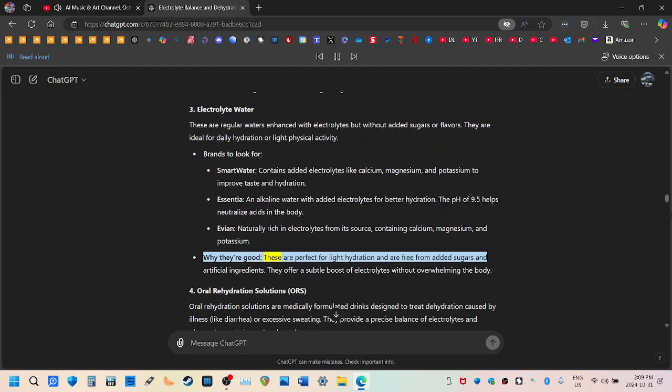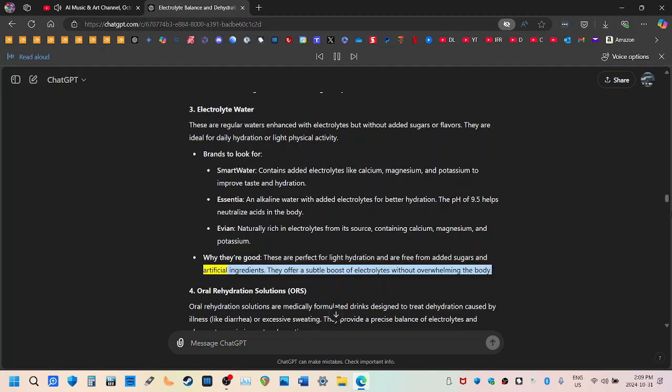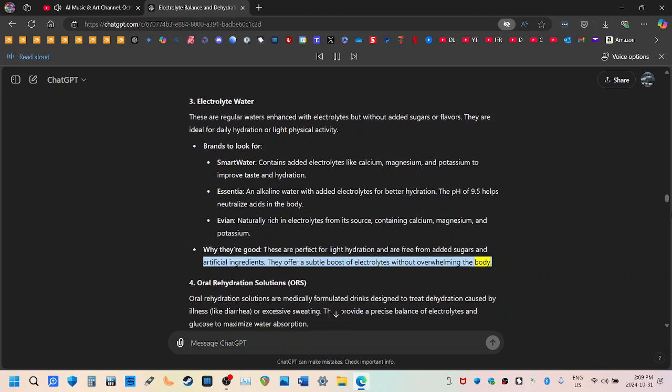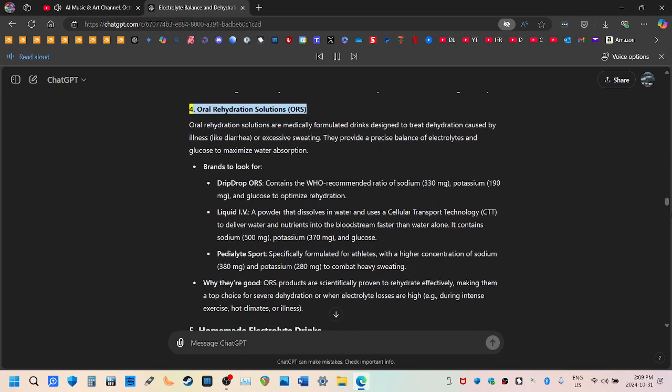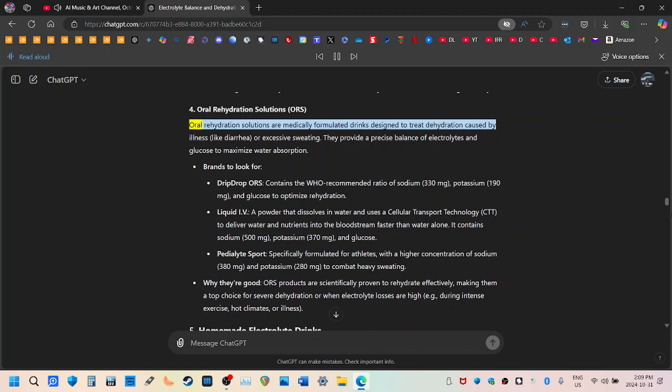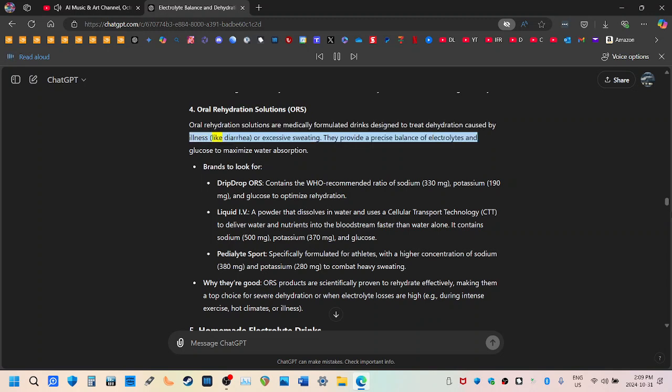Why they're good? These are perfect for light hydration and are free from added sugars and artificial ingredients. They offer a subtle boost of electrolytes without overwhelming the body. 4. Oral Rehydration Solutions, ORS. Oral rehydration solutions are medically formulated drinks designed to treat dehydration caused by illness, like diarrhea or excessive sweating.